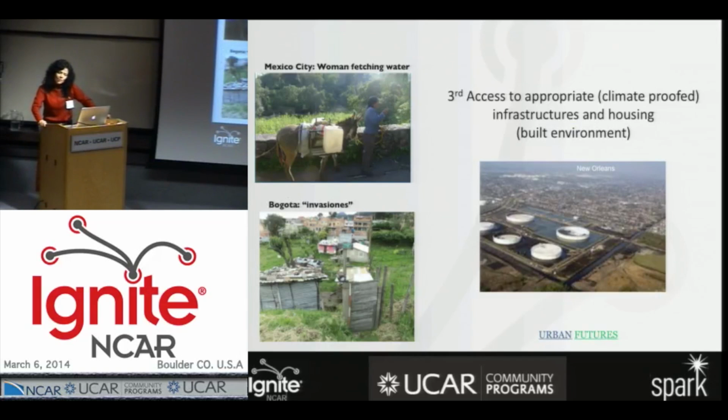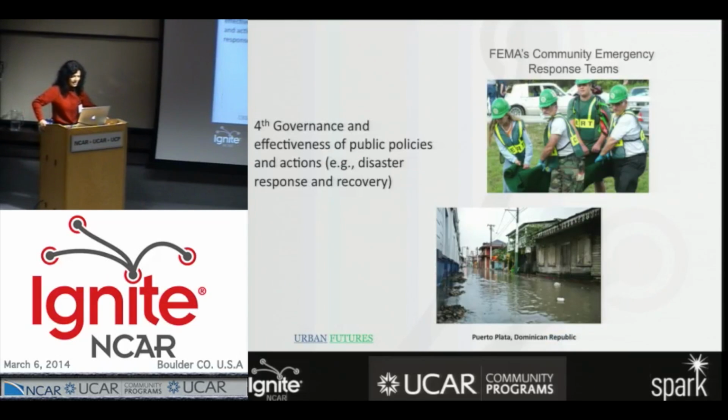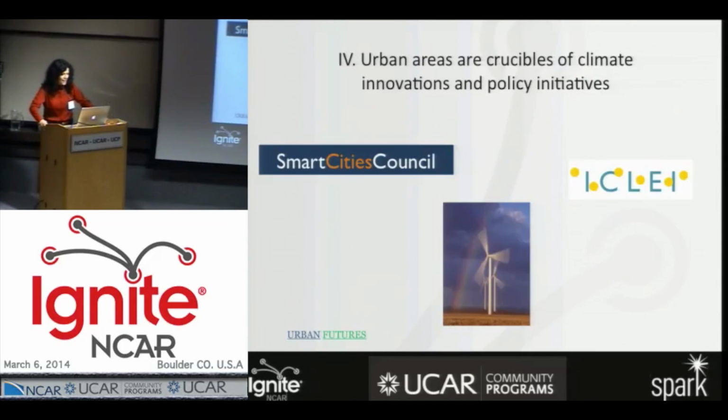Third, and equally important, is how appropriate climate-proof infrastructures, urban infrastructures, and housing and the built environment are to face these hazards. Equally important is the quality of public policies and actions. For instance, not only disaster response, but also actions to allow people to recover and bounce forward.